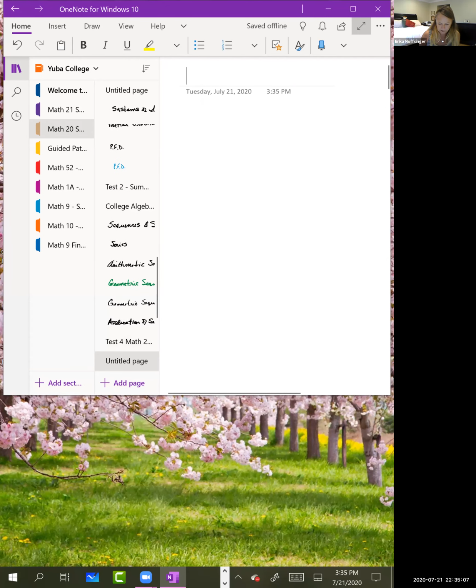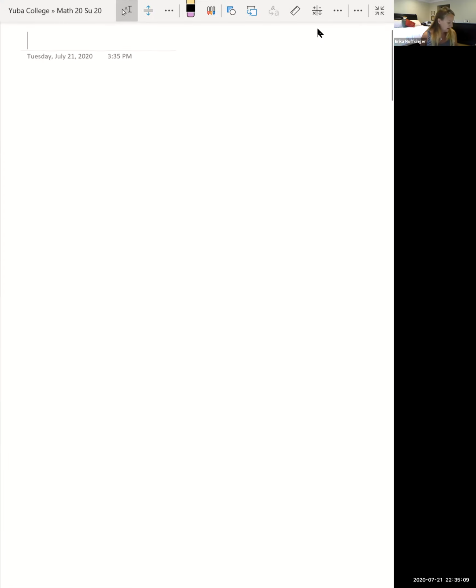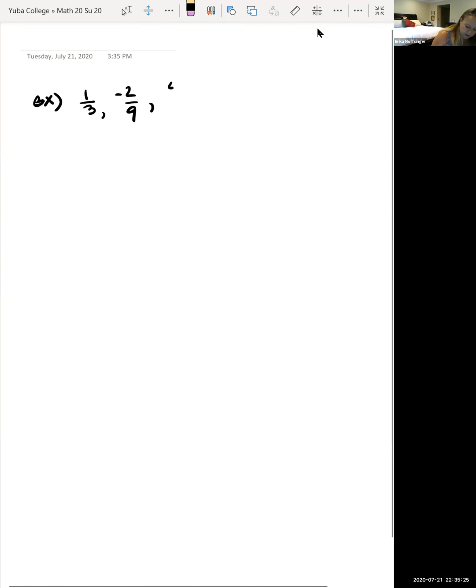Okay, so given the following sequence, you're trying to find the formula, and you were given that the sequence was 1/3, -2/9, 4/27, -8/81, and so on. And we want to find a sub n.